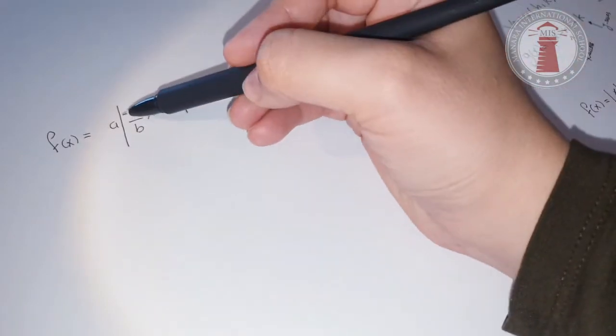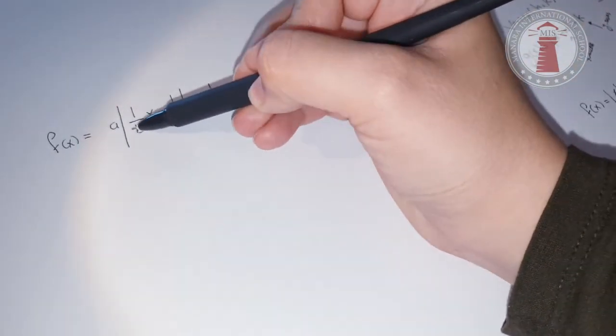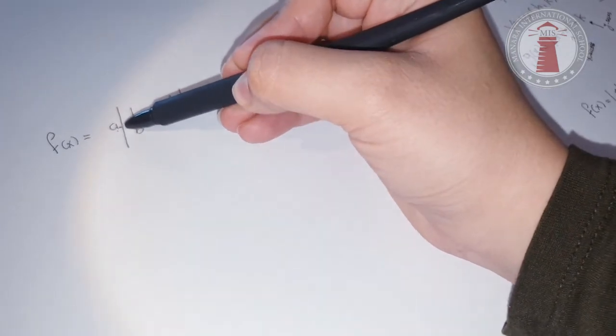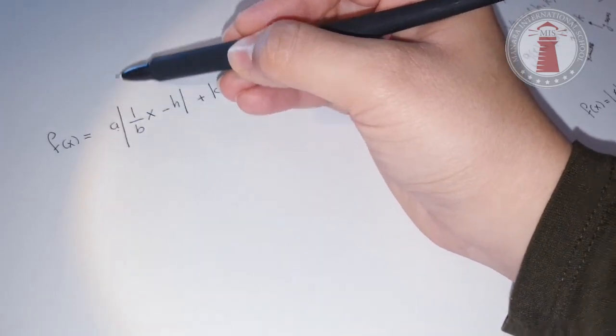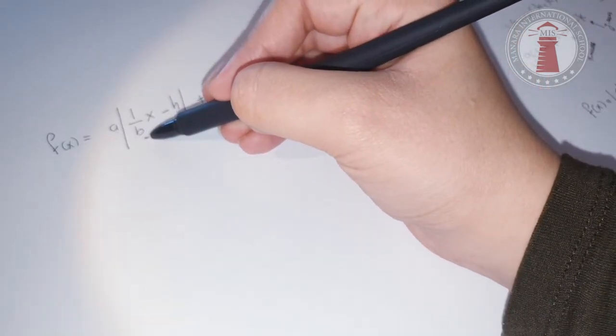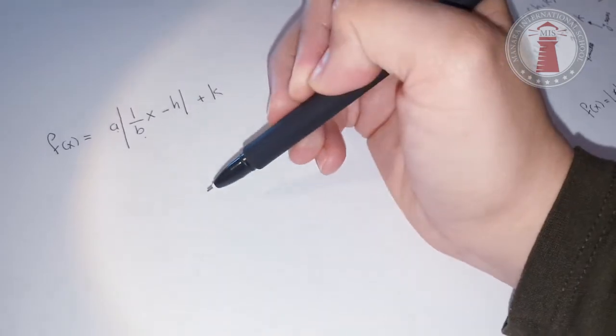Now here we have a and we have b. A is a factor that's responsible for the vertical stretch, and b is responsible for the horizontal stretch.